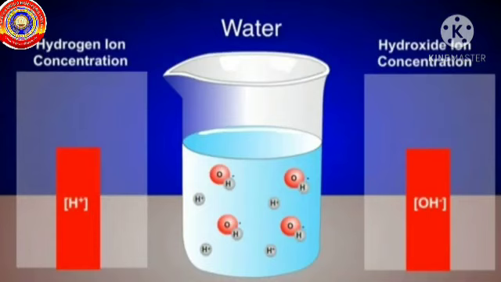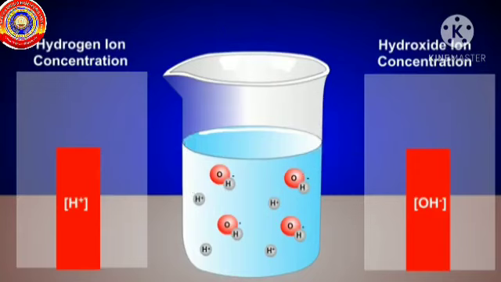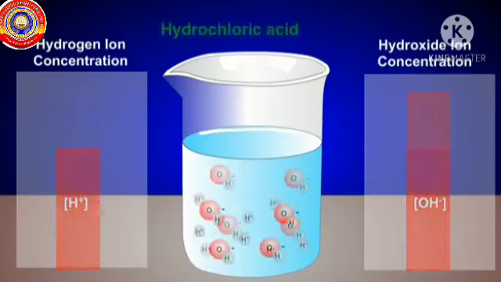Dear children, what are the ions present in water? Of course, hydrogen ions and hydroxide ions. Water dissociates to give equal amounts of H+ ions and OH- ions, right? On the other hand, certain substances dissociate to give more H+ ions or more OH- ions.